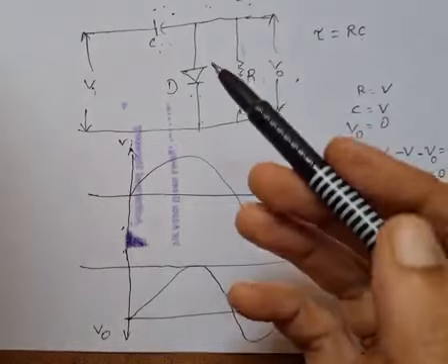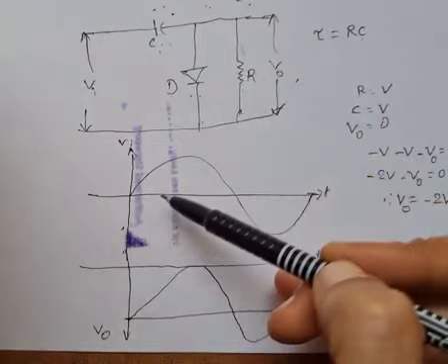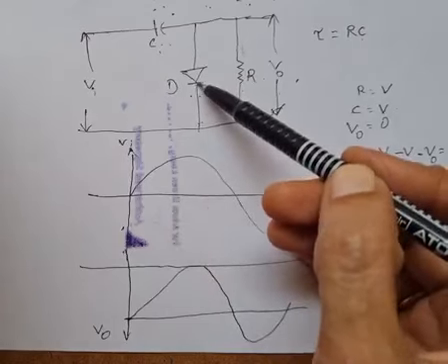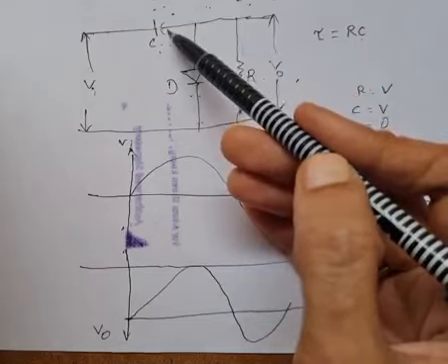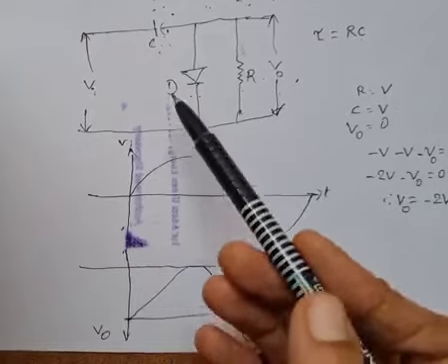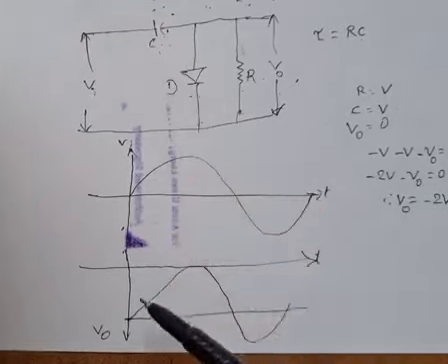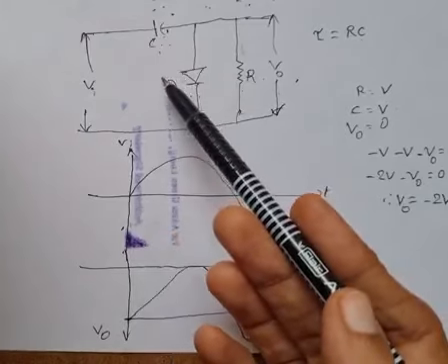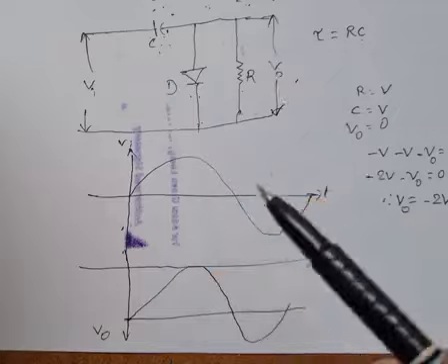Here we see the portion of the input signal that forward biases the diode. When the diode is in short circuit condition, the capacitor charges up to a level. At that time the voltage across the capacitor is equivalent to the open circuit state. During that condition, it is assumed that the capacitor will hold on some charge.